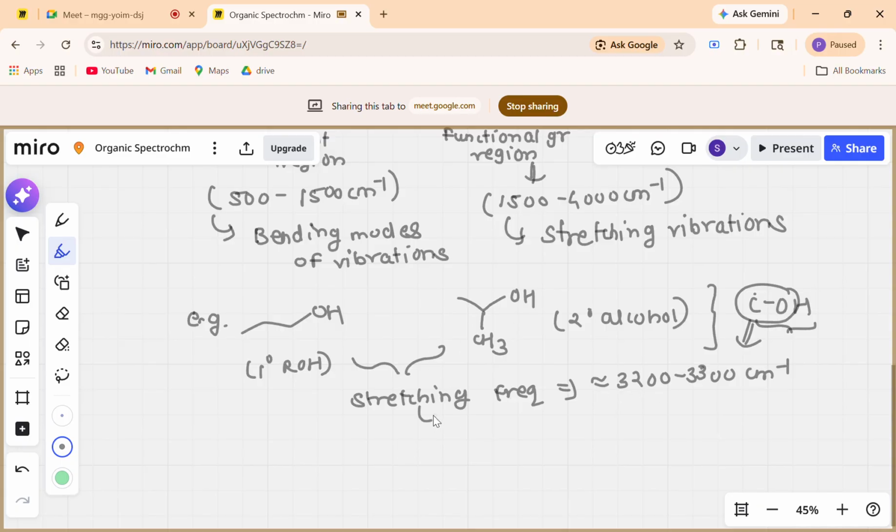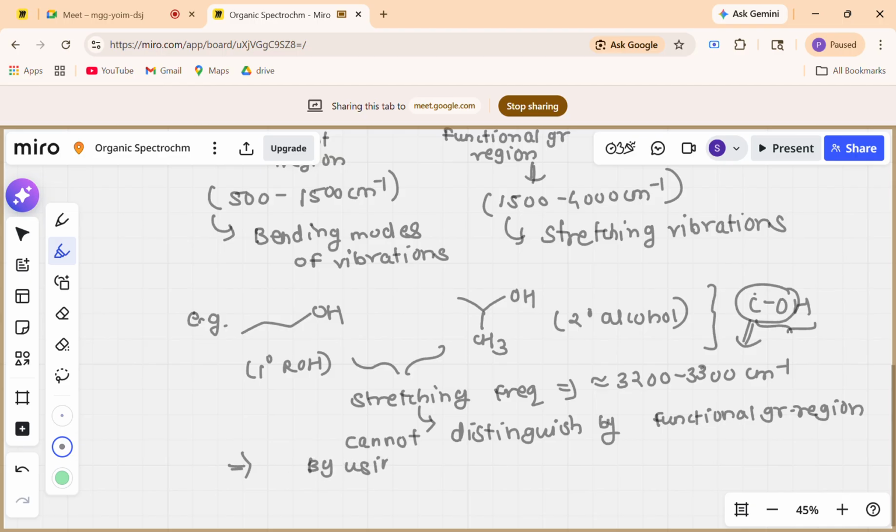So we can't distinguish between these two molecules, the primary and the secondary isomers, when we are looking at the functional group region. So for that we have to look at another wavelength range, that is basically by using the fingerprint region.